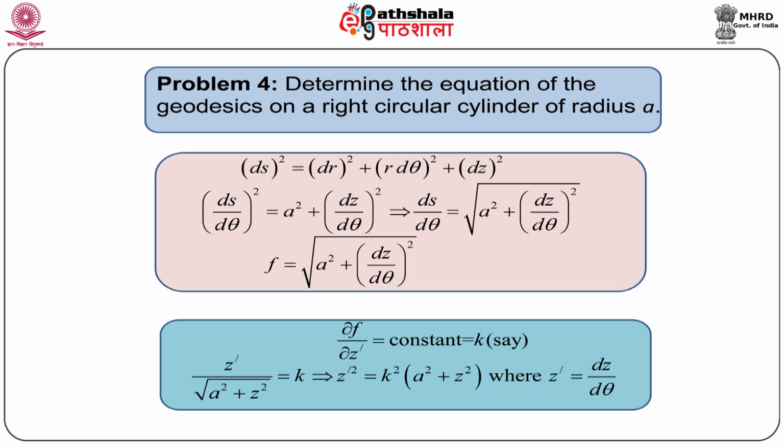Thus, by Euler-Lagrange equation, we have this one. Calculating the partial derivative, we get this. After squaring, we get this one. Here z dash means d by d theta of z, which is the ordinary derivative of z with respect to theta.